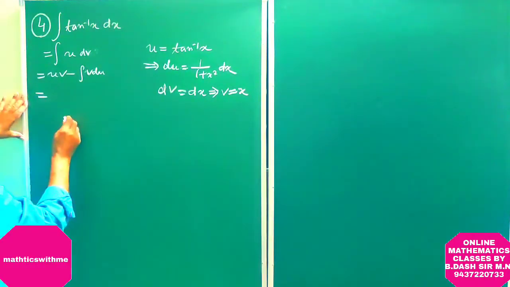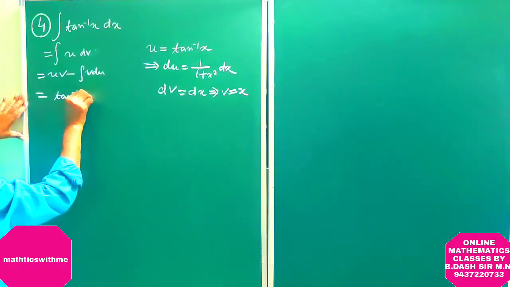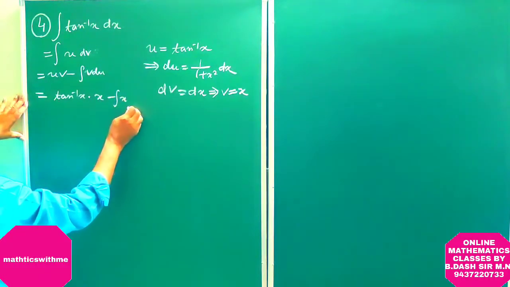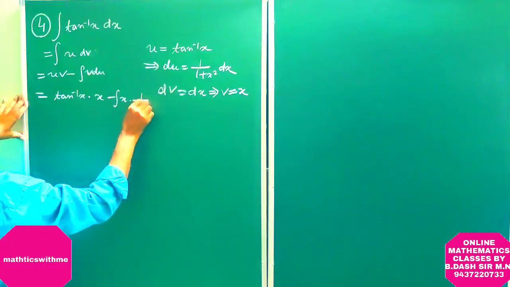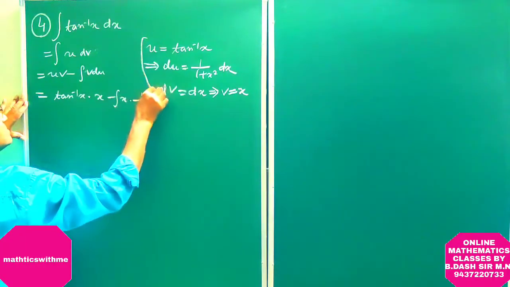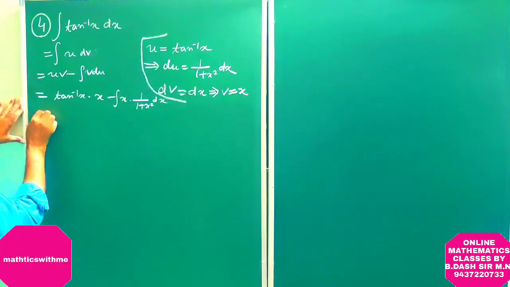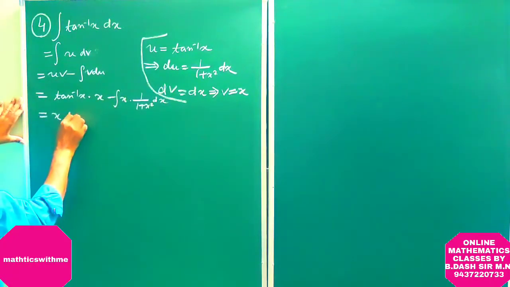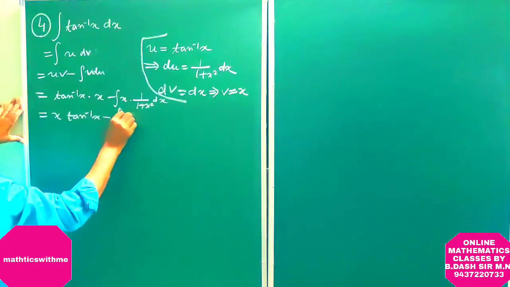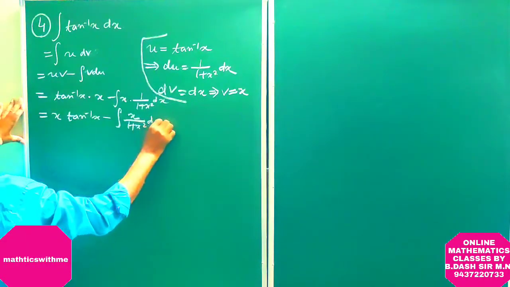This is equal to tan inverse x into x minus the integral of x into 1 by 1 plus x square dx. So this is equal to x tan inverse x minus the integral of x by 1 plus x square dx.